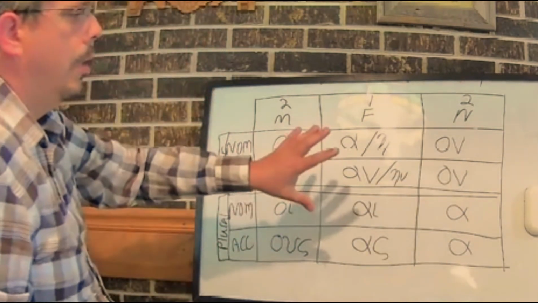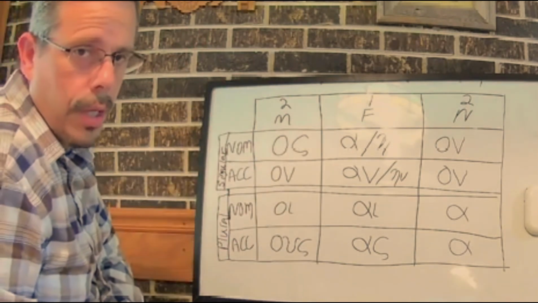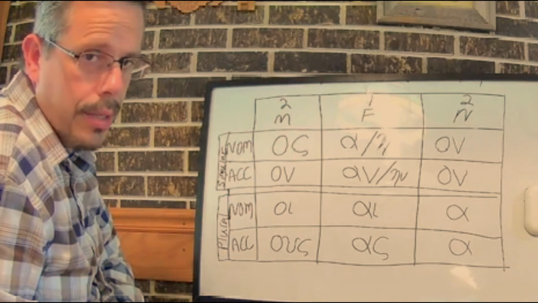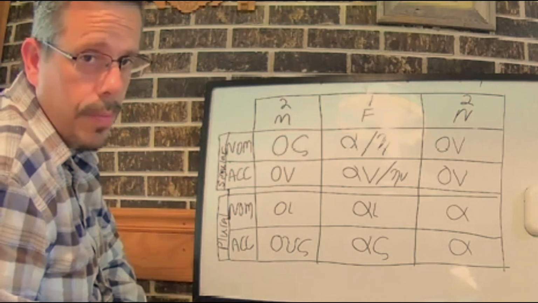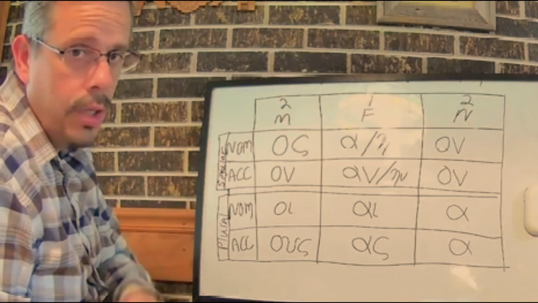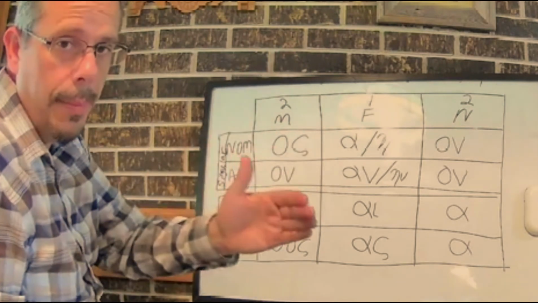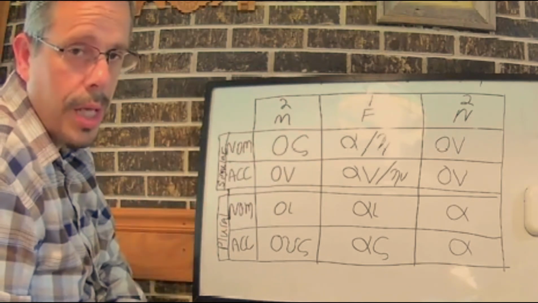Okay, when you add in the extra. So you can memorize to do it in the chart. The other thing you should be able to do is generally recognize the endings. So I would make flashcards. And if you haven't done this yet, you might want to just buy some 3x5 white note cards and write on the front like os, and then on the back write nominative masculine singular. That's how you learn those endings.